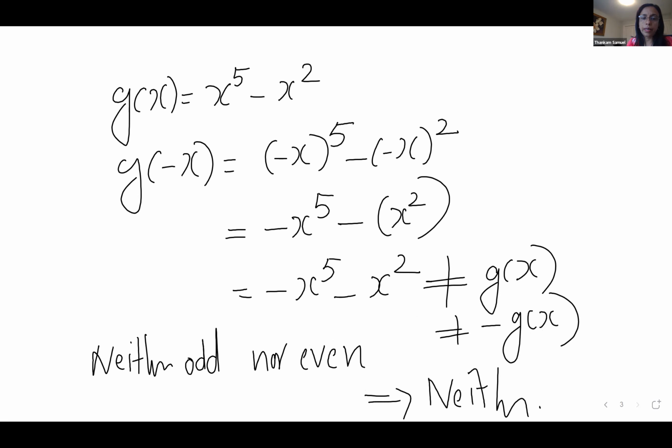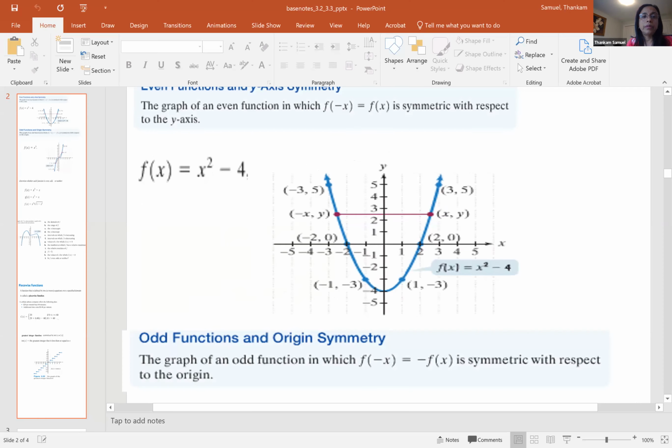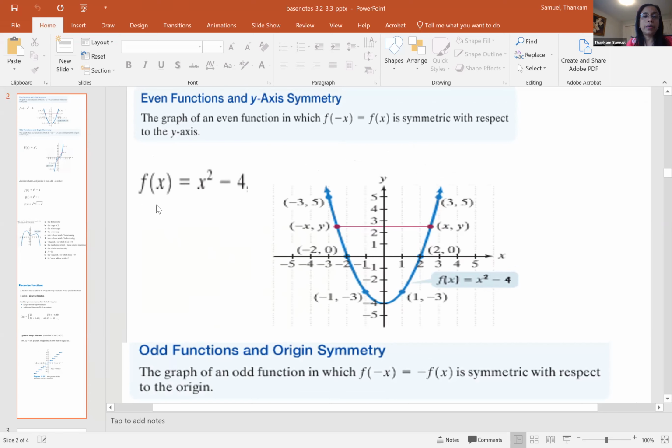Now let's look at the graph of these odd functions and the even functions. So consider the function f of x equals x squared minus 4.